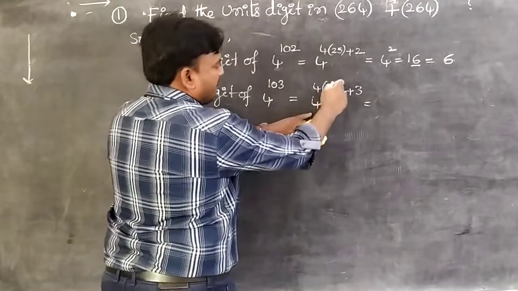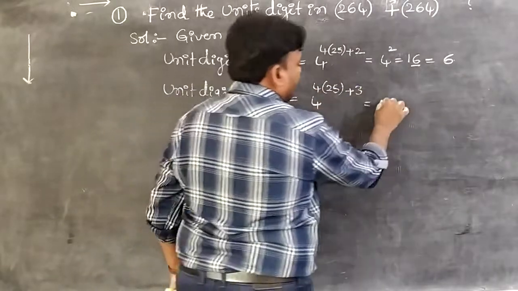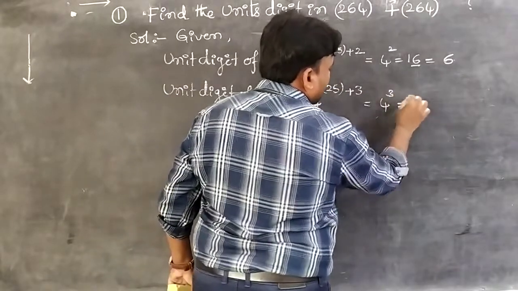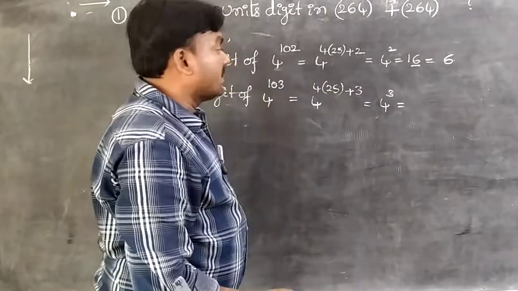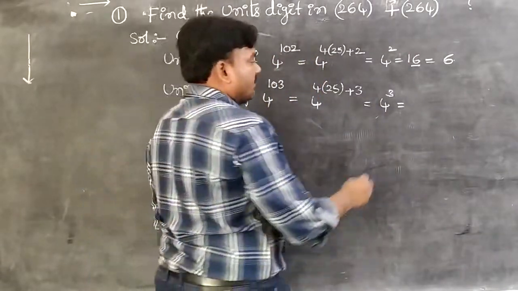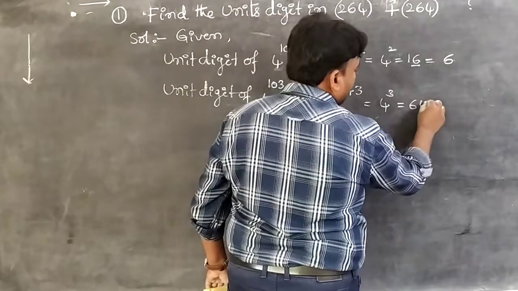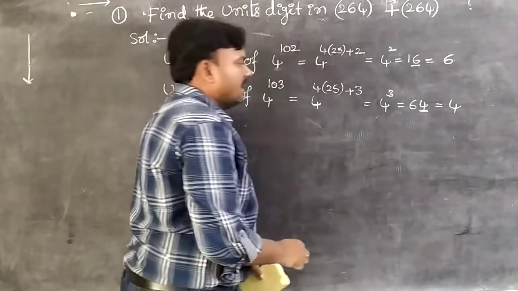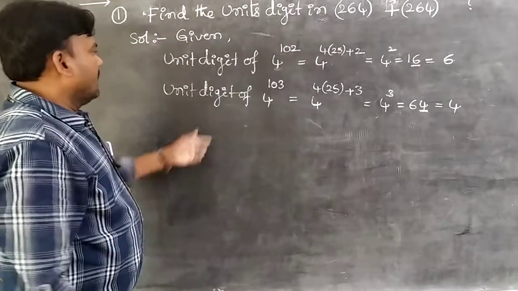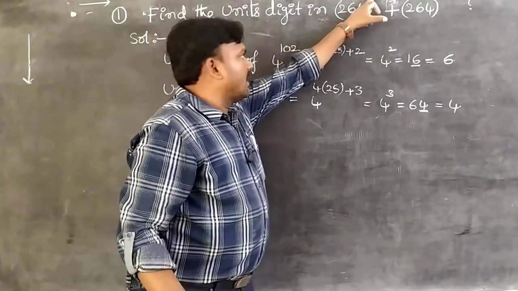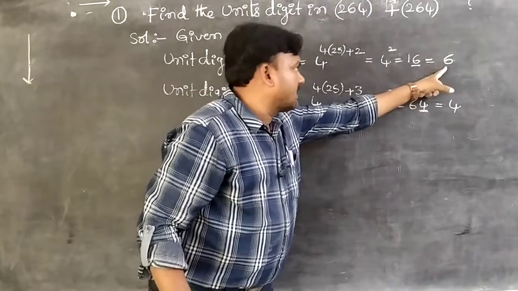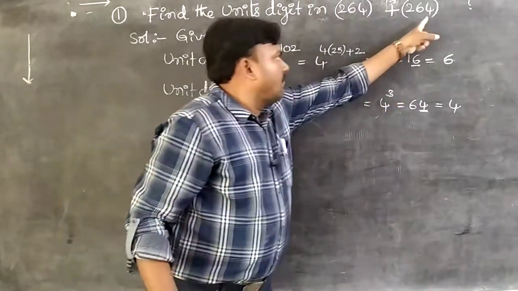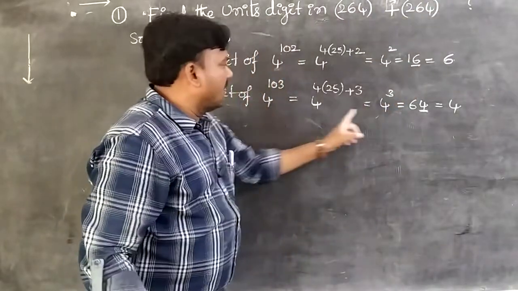So let them this first value. Next 4 cube. 4 4s are 16. 16 4s are 64. 4 cube value 64. Here what about the unit digit? 4. Okay. Then we find, observe students, unit digit of 4 power 102, that is 6. Next, unit digit of 4 power 103, it becomes 4.